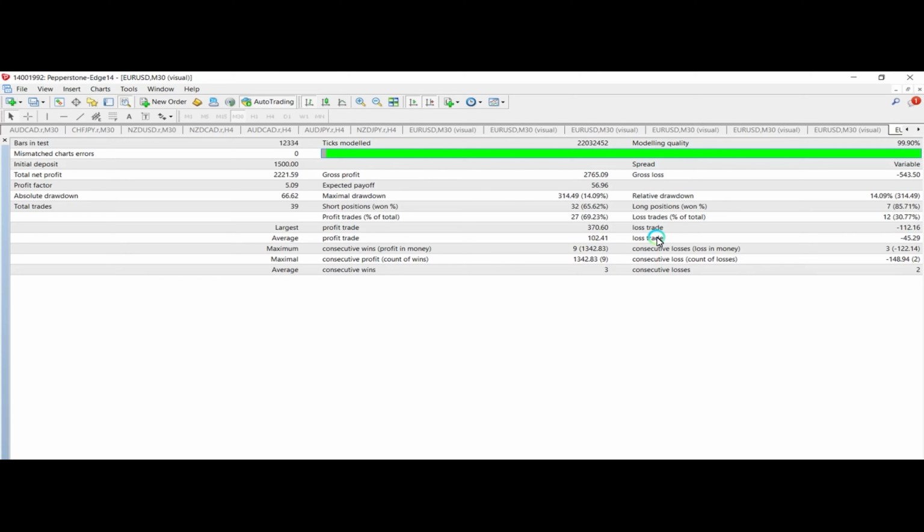So you have to look at the statistics in a real way, not in a way that the scammers tell you. And our biggest profit trade is much higher than our biggest losing trade, and that is an important factor as well.